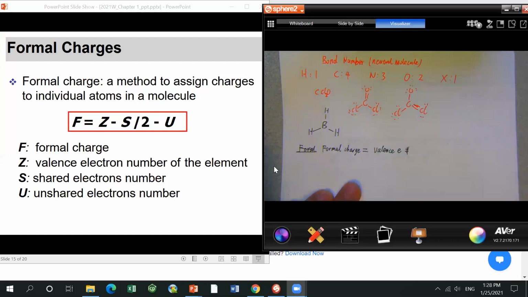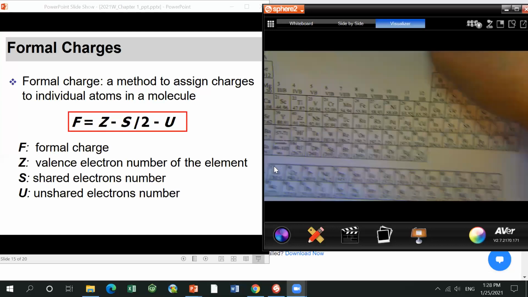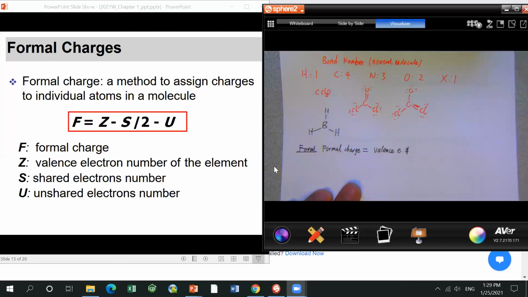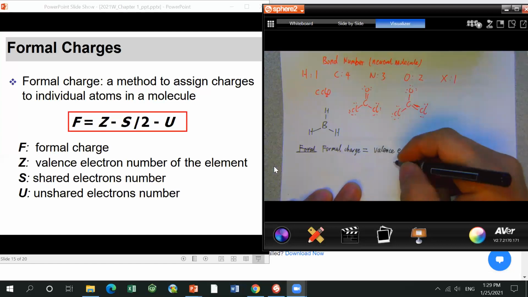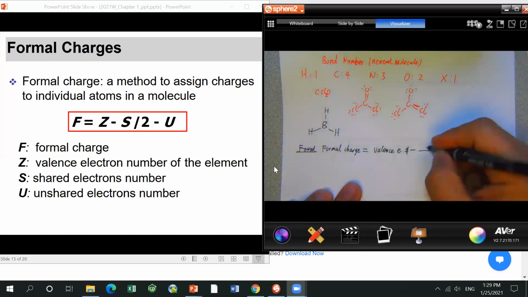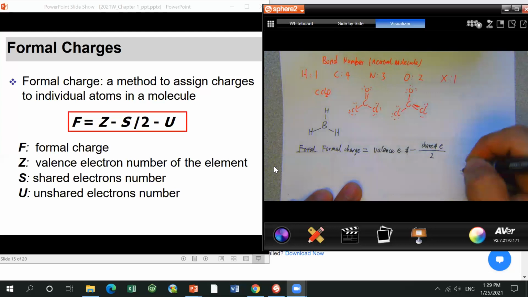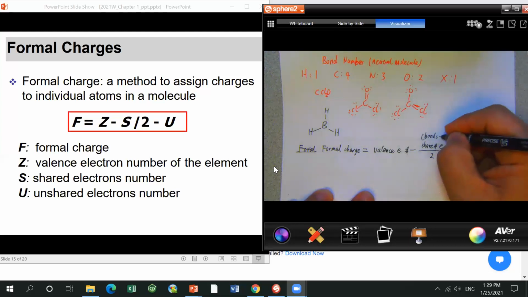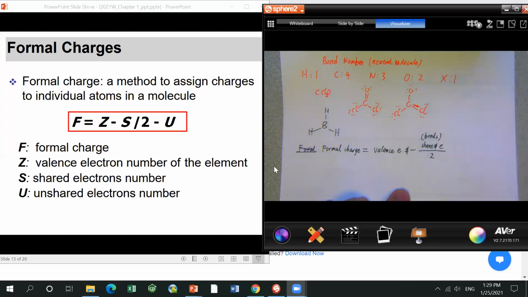If you don't remember its valence electron number, please look at the periodic table, the same as its group number. Then minus half of the shared electrons. Shared electrons are just the bonding electrons, so half, just from the bond, because the bonding electrons are not owned by individual atoms.